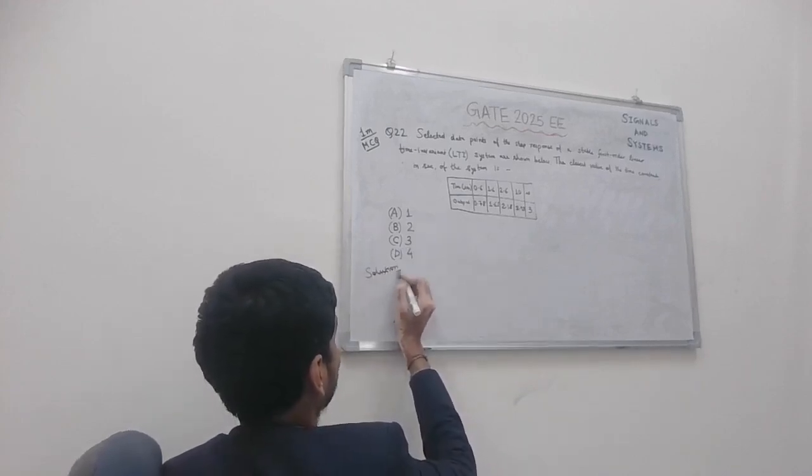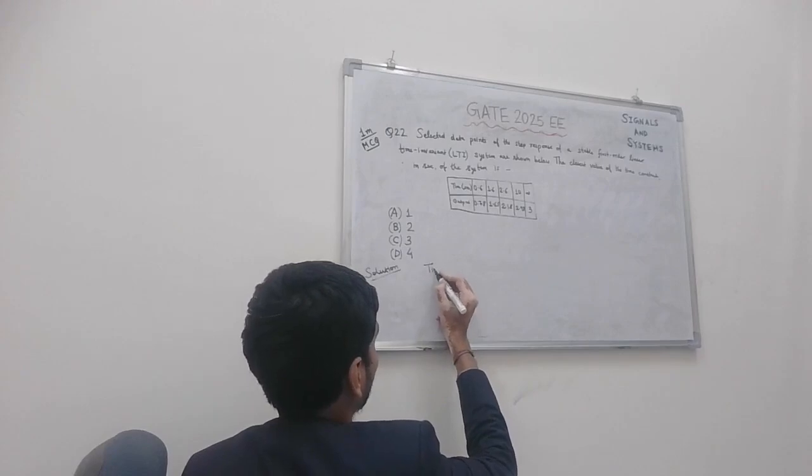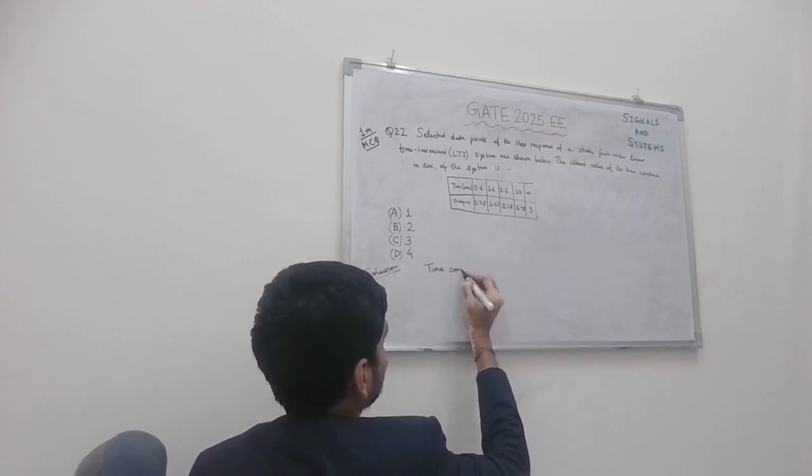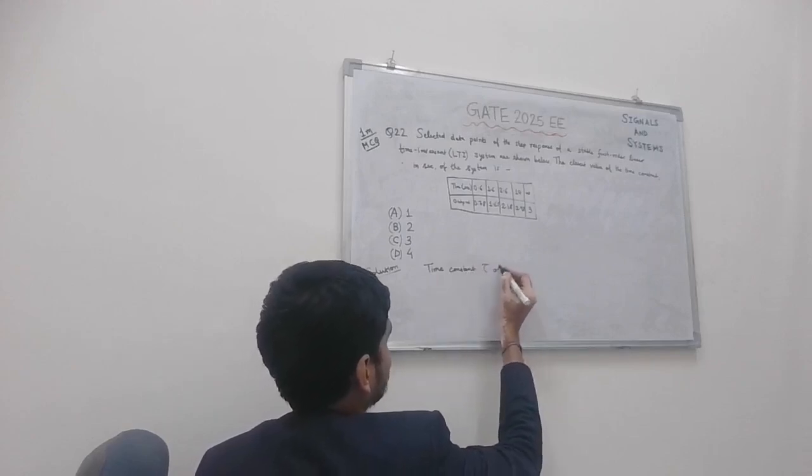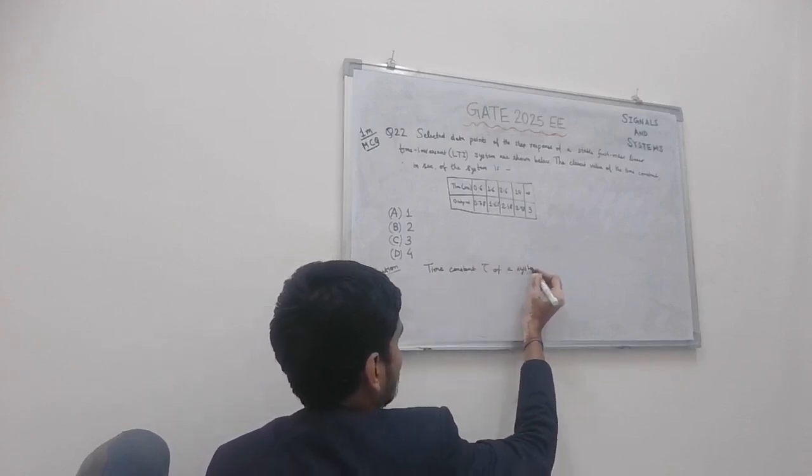It is simple. It is the basic definition of time constant. The time constant tau of a system, how is it defined?